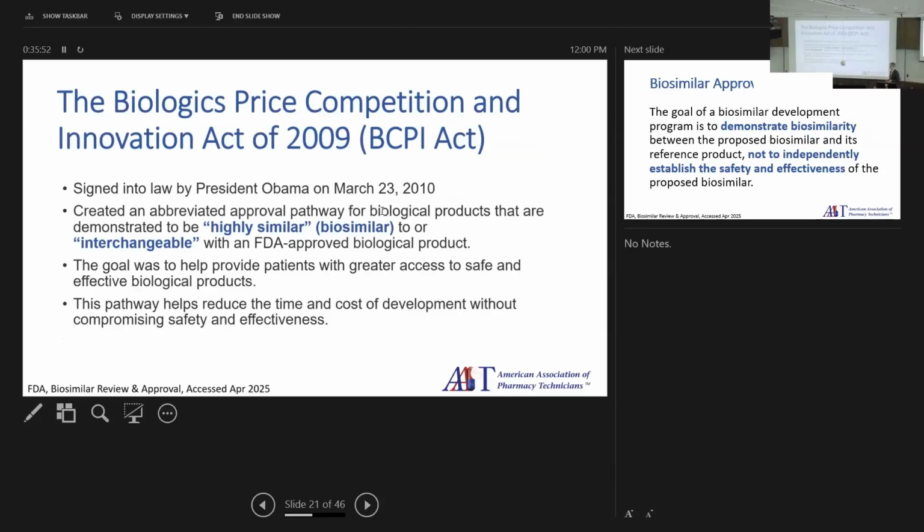So what they did in 2010, President Obama signed the BPCI Act, and this created an abbreviated pathway for biosimilars to be approved, because if it was going to take 10 to 15 years for a biosimilar to be approved, then that would be much too long of a time before we're able to have effective biosimilars for patients to be able to use. So this pathway helps reduce the time and cost of development without decreasing the safety and effectiveness of the medication.